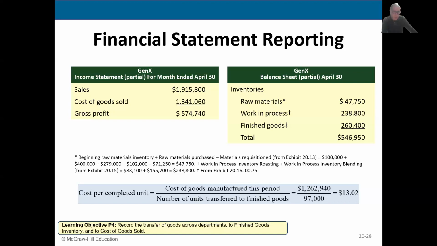You'll also notice we have a formula here at the bottom for what we call cost per completed unit. The cost per completed unit is the total cost per unit. So we take the cost of goods manufactured during the period divided by the number of units transferred to finished goods. That gives us a cost per completed unit. For this example, $13.02.